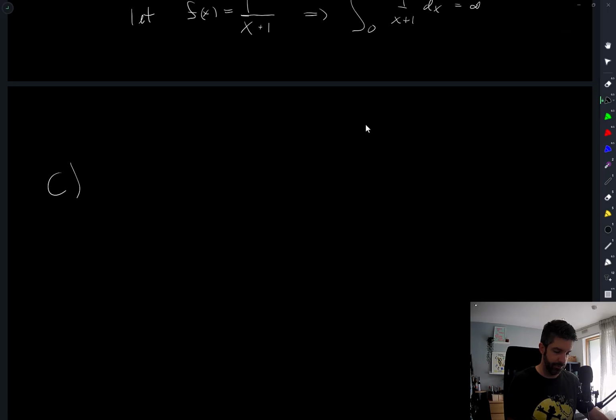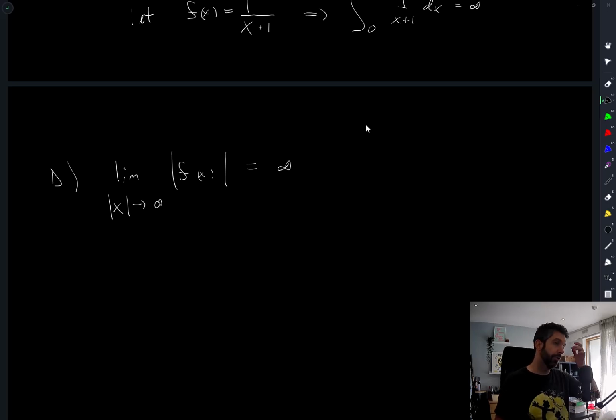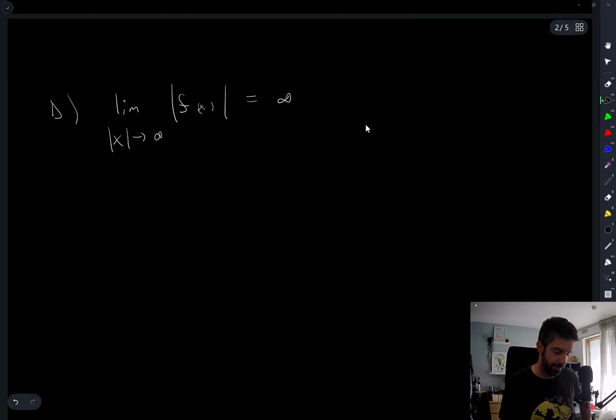But option D is the limit. This says that the limit as the absolute value of x approaches infinity of f of x is equal to infinity. So let's first write down the definition of what this means.